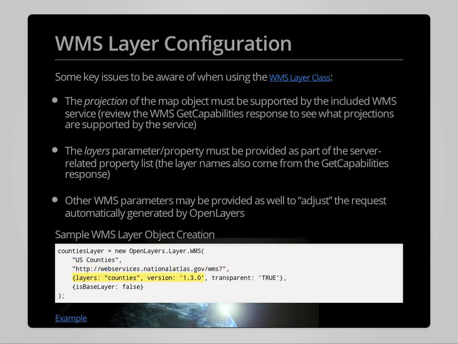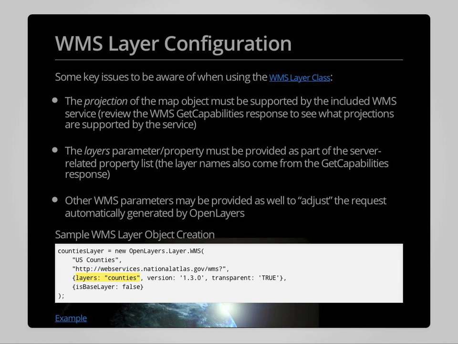Here we're defining a set of WMS server specific parameters, where in this case you will always need to provide a layers parameter. So in this case we are specifying that we want the counties layer from the WMS service. And just as with WMS, we can provide here a comma-separated list of layers, and you'll see an example of that in just a moment.